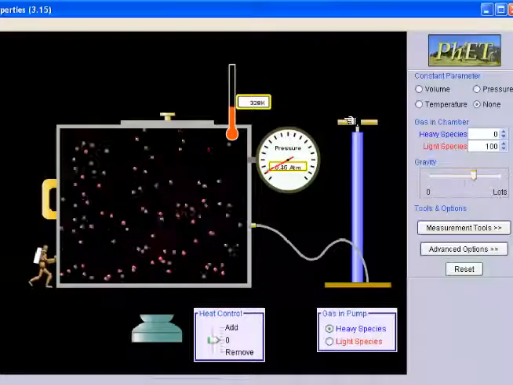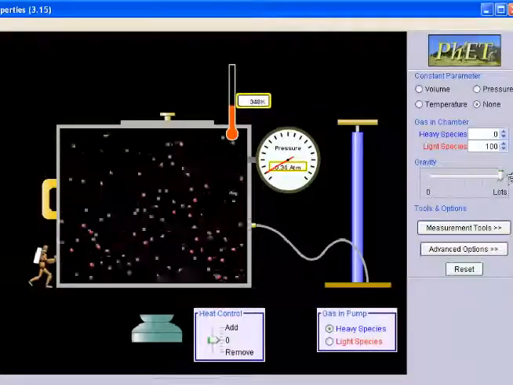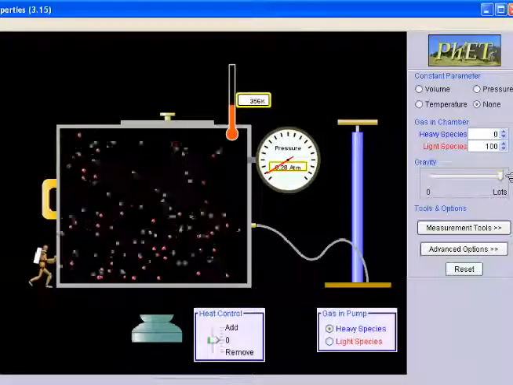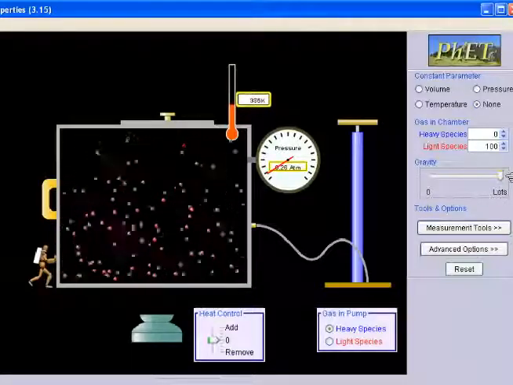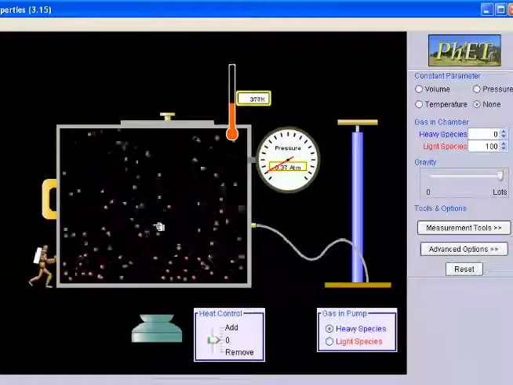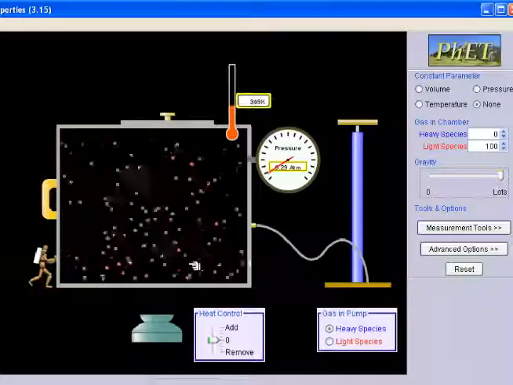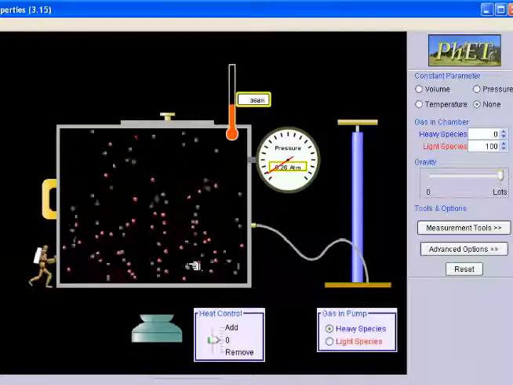You might need to give it more time, so let's go to lots of gravity so the effect is more visible. You can start seeing that there are really fewer molecules up here, and the majority of the molecules are down here on the bottom of this container.